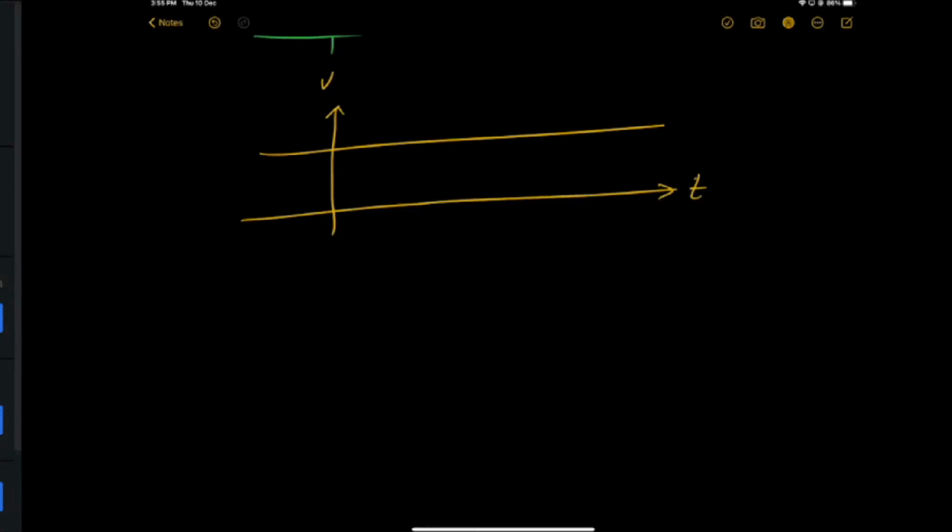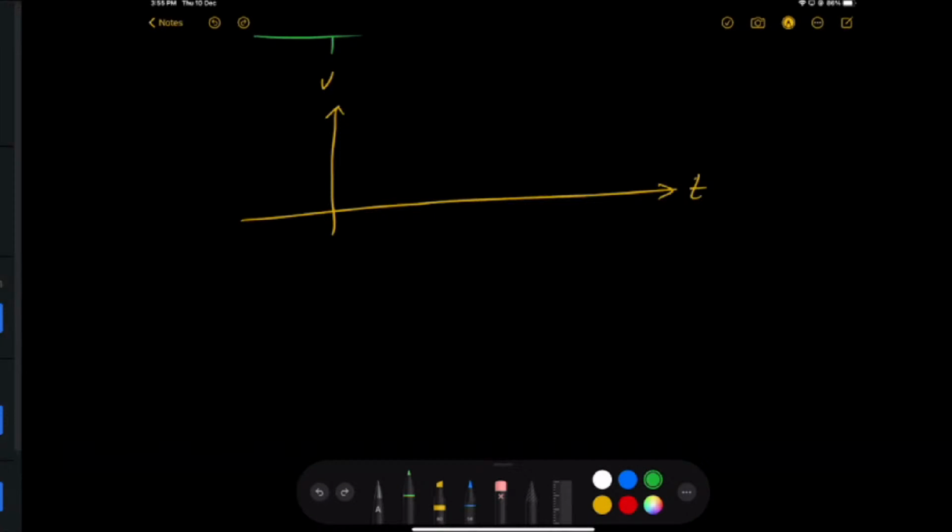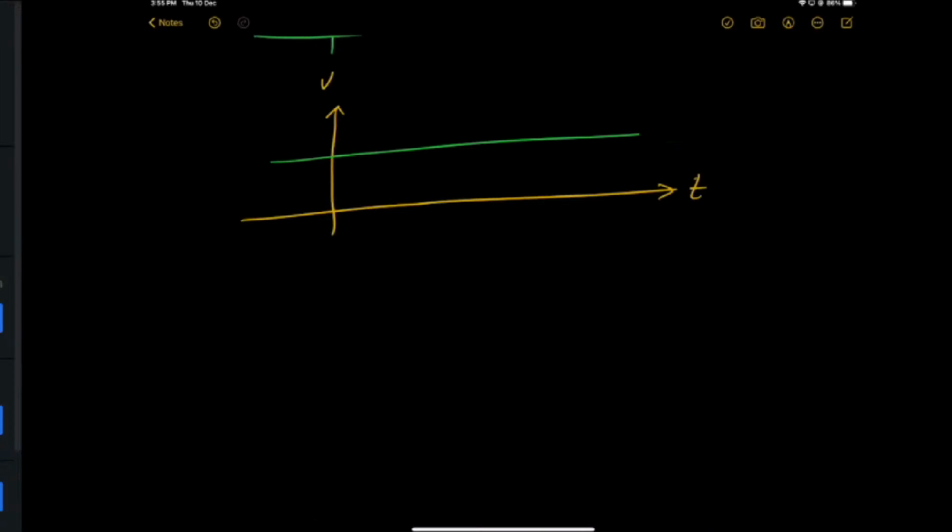Now, what about this? Time, velocity, and if the graph is like this, horizontal. So what is happening here? Slope is zero everywhere.